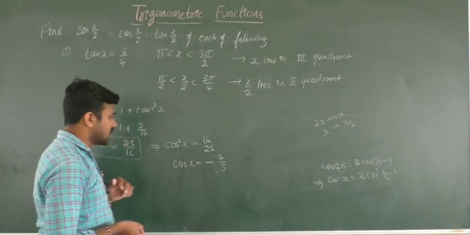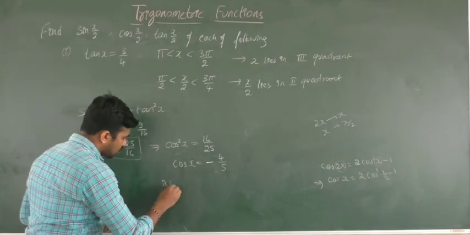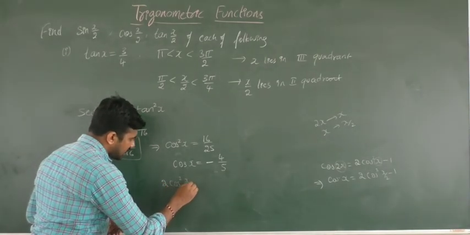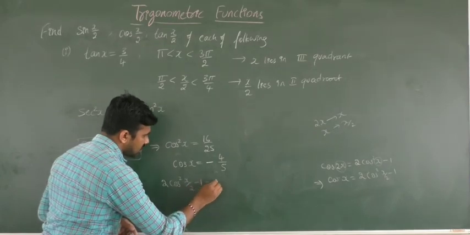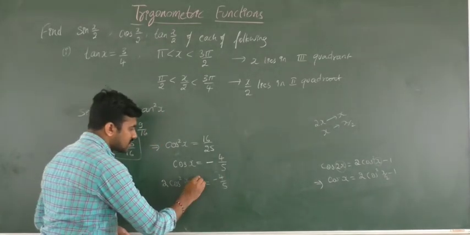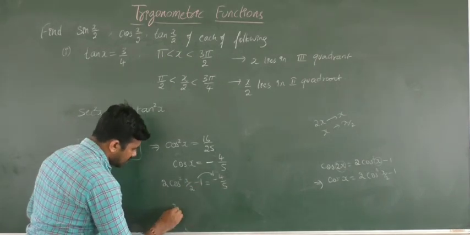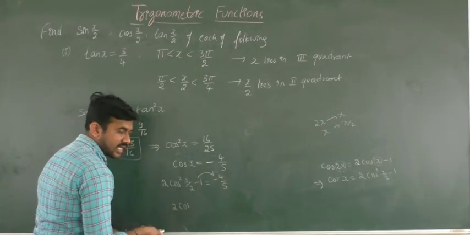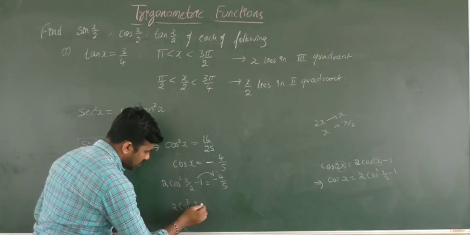So I can replace cos x as 2 cos square x by 2 minus 1. This is equal to minus 4 by 5. Now bring this minus 1 to that side. We need to find the cos x by 2 value, so I am solving this.